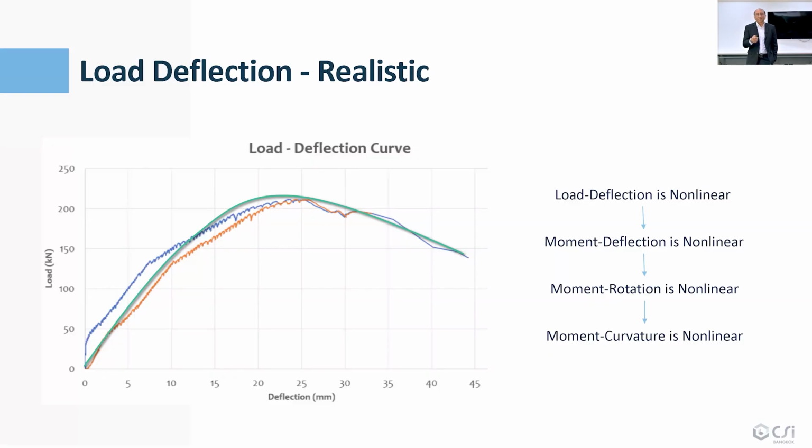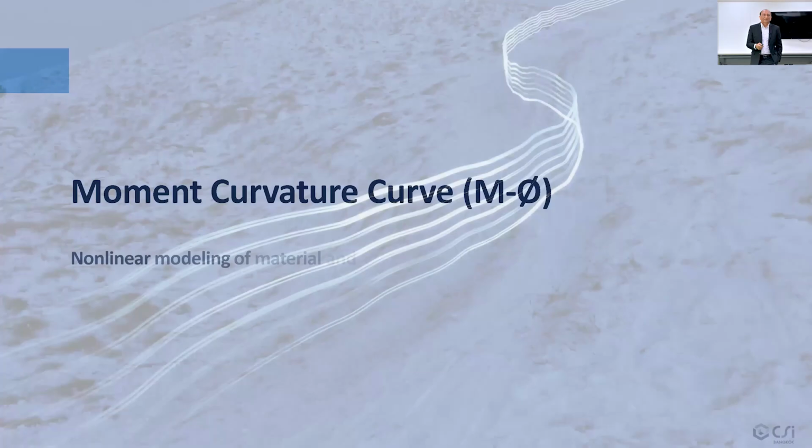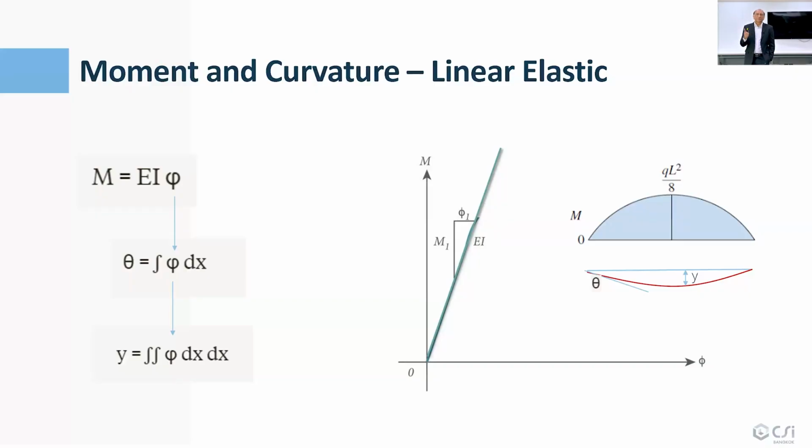And that's what we can do, and that brings us to moment curvature. The relationship between moment and curvature has been understood for a long time. Moment is equal to stiffness multiplied by curvature. If you integrate curvature over a small distance, you get rotation, and if you integrate it over a greater length, you get the deflection.